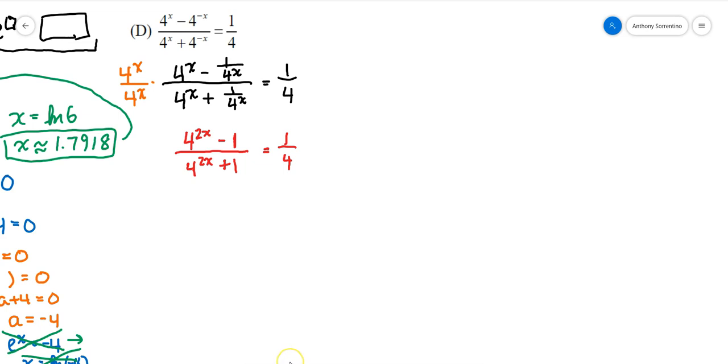Now, I have a single fraction on the left and a single fraction on the right, so I can cross multiply. So 4 to the 2x minus 1 times 4 is going to give me 4 times 4 to the 2x minus 1, and 1 times 4 to the 2x plus 1 is going to give me this over here.